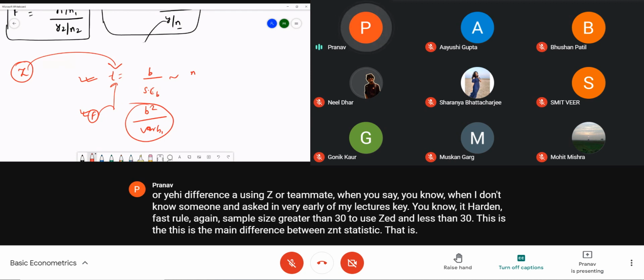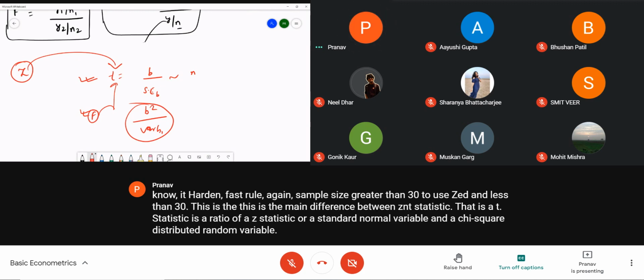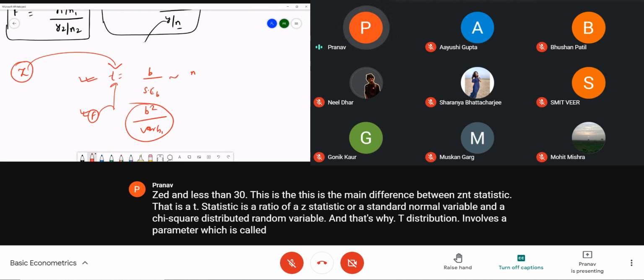That is, a T statistic is a ratio of a Z statistic, or a standard normal variable, and a chi-square distributed random variable. And that's why the T distribution involves a parameter called degree of freedom, which the Z distribution does not have. Do we understand this difference?